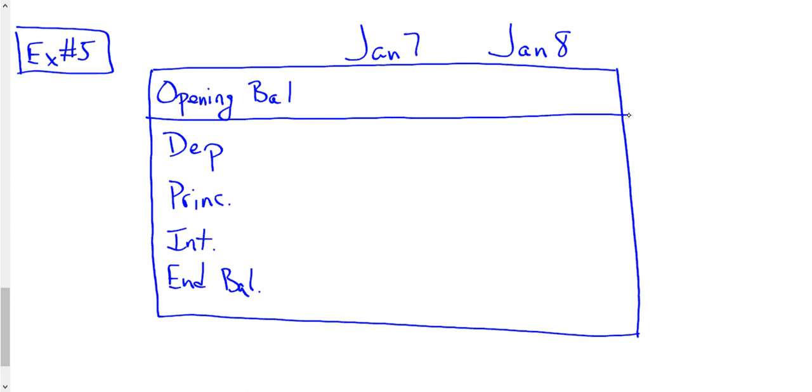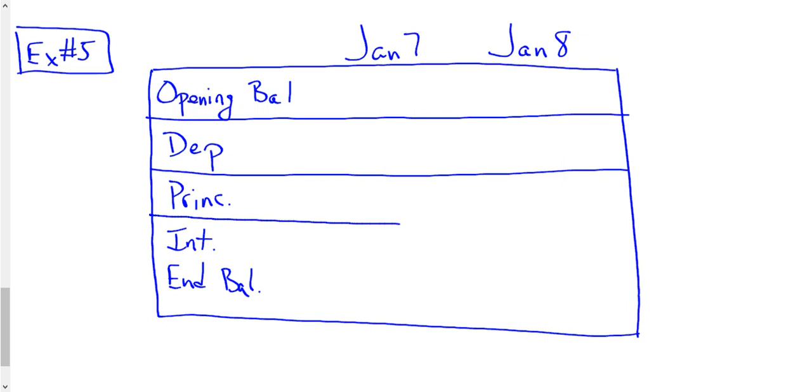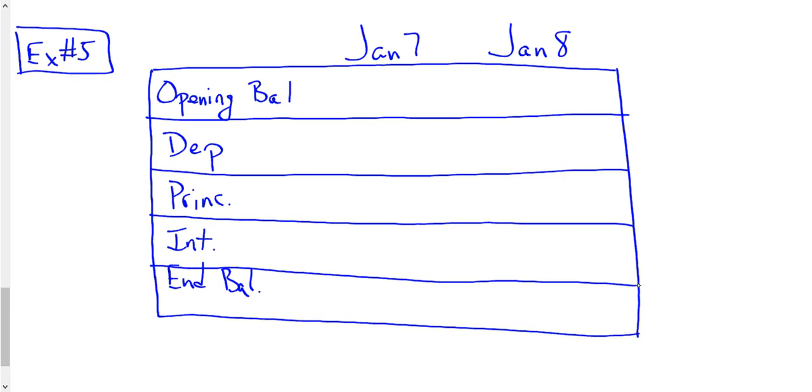Just drop these in here. Just make it look like this. I think you'll probably get by.